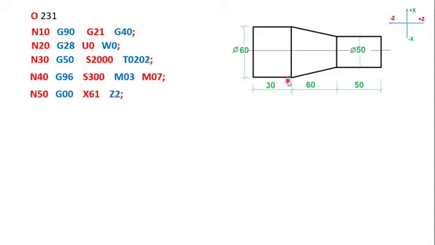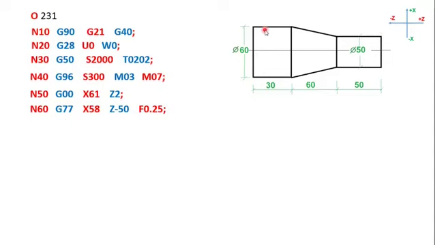Then we start with Z0 X61 Z2. X61 is slightly above this one, Z2 is here, so somewhere here the tool will come and stand. Then we use G77, which is used for turning operations, that is the outer diameter cutting cycle.